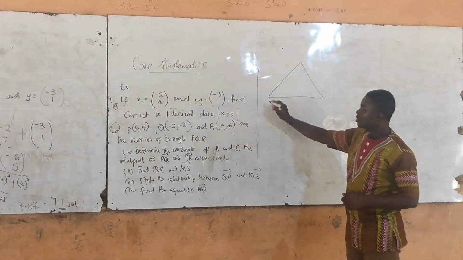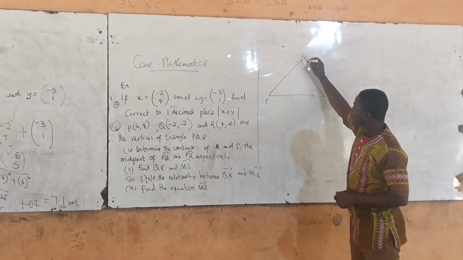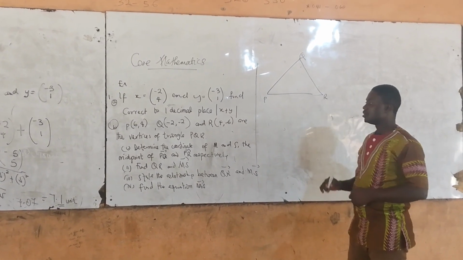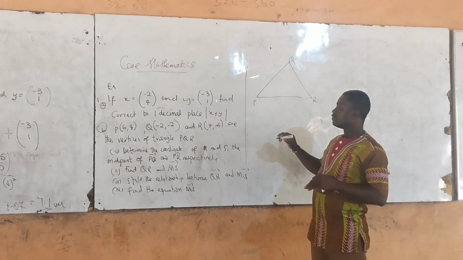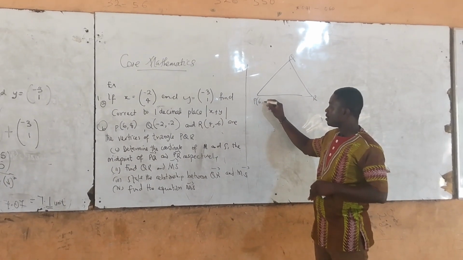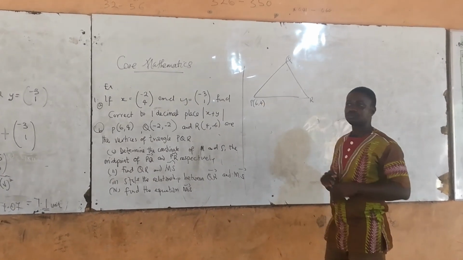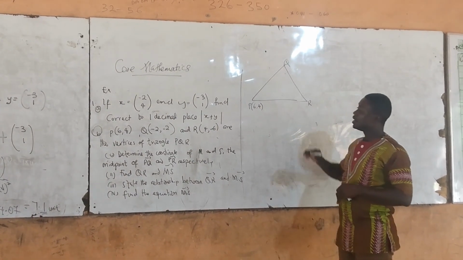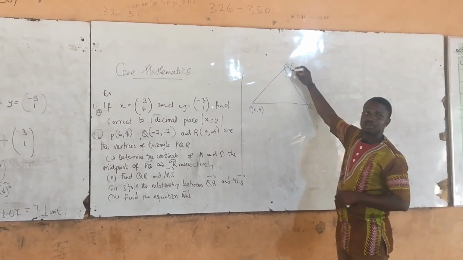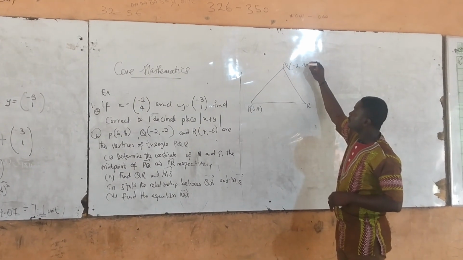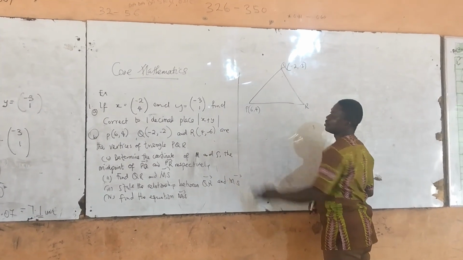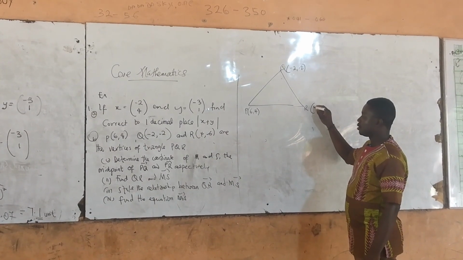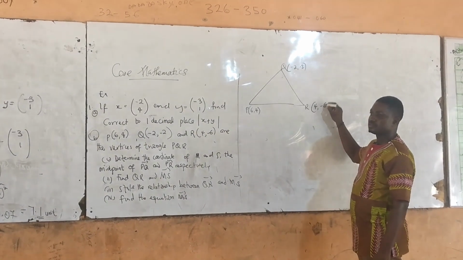So we name the triangle PQR. Let's put down the vertices. For P, we have (6, 4), and then Q is (-2, -2), and then R is (4, -6).